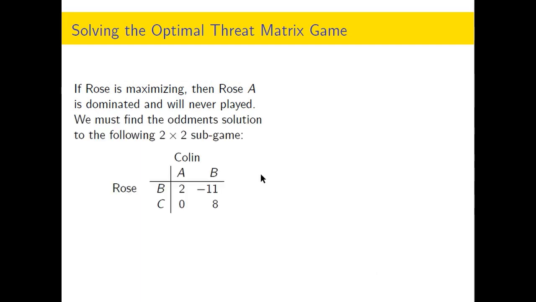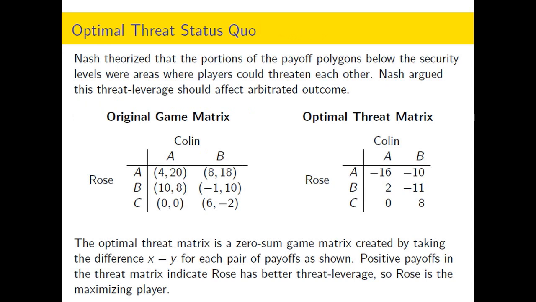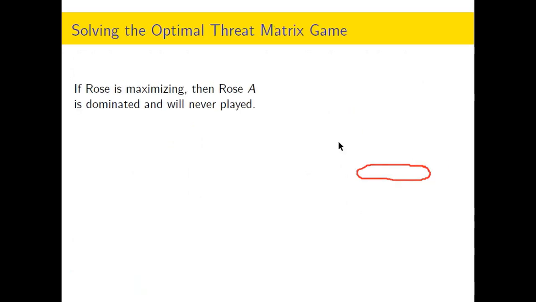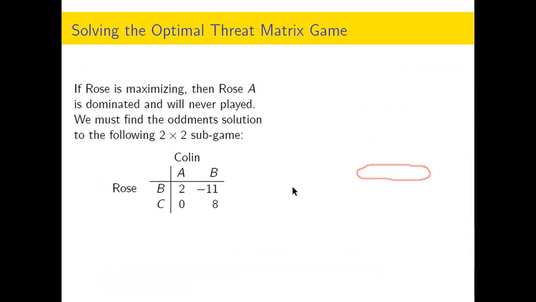So now we have a standard zero-sum game where Rose is the maximizing player. And jumping back here, I'll just show you that there is dominance. Rose is the maximizing player, so she never, ever wants a piece of strategy A. So that's why, it's a zero-sum game, we're getting rid of the dominance and solving this 2x2 subgame.